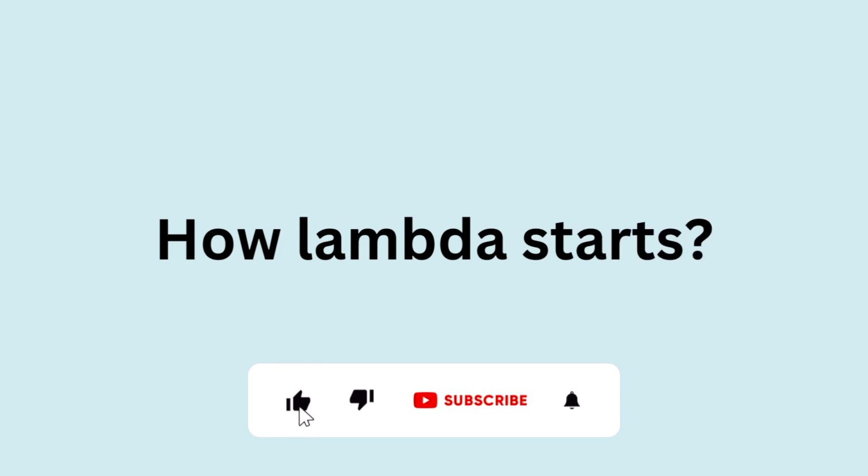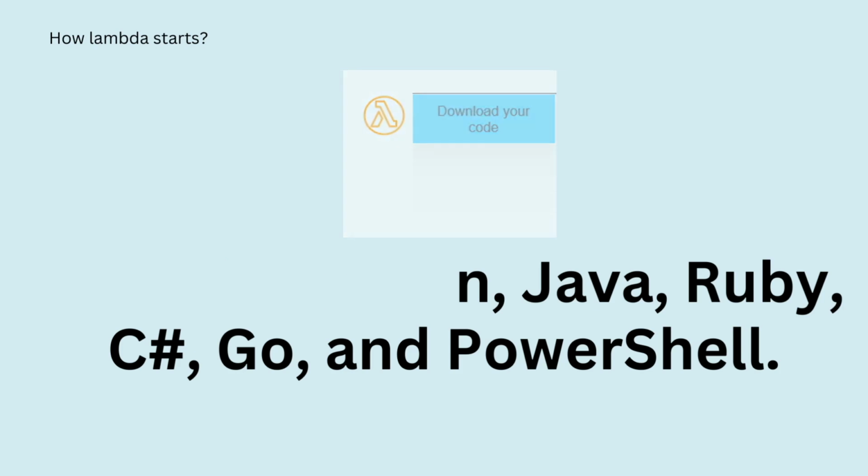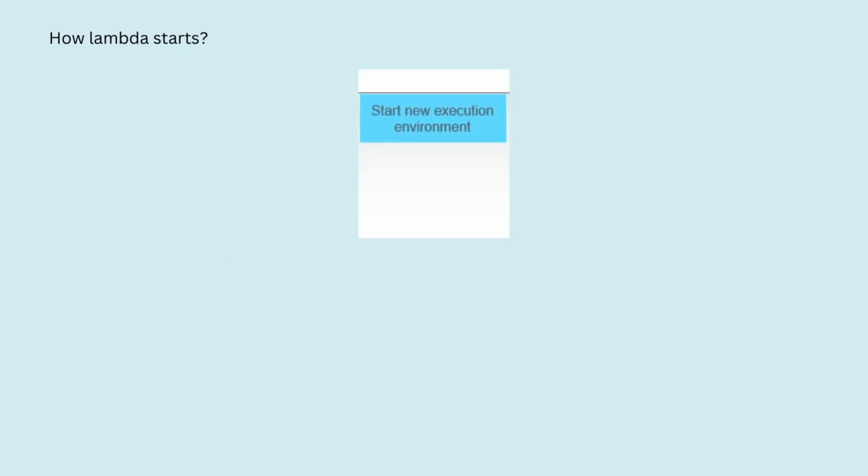Friends, when we trigger the Lambda, AWS creates the backend environment, which consists of things like: Number 1, it downloads the handler code which we have uploaded. Number 2, as per the configuration provided by us, AWS creates the environment and installs the required tools and libraries.